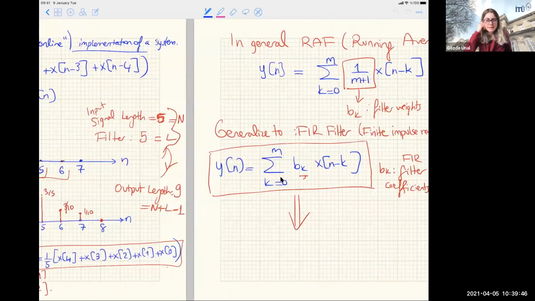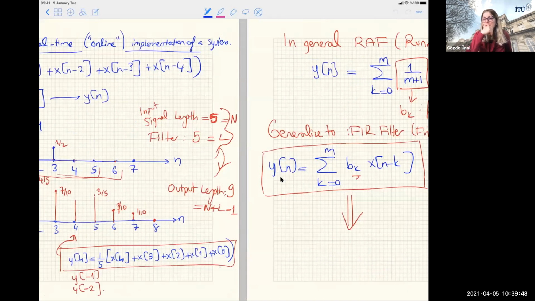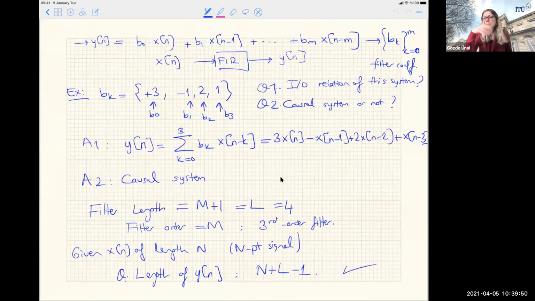Because our goal is to be able to write, like I said, a numerically implementable filter, implementable by a convolution operator, and with a finite number of filter coefficients.